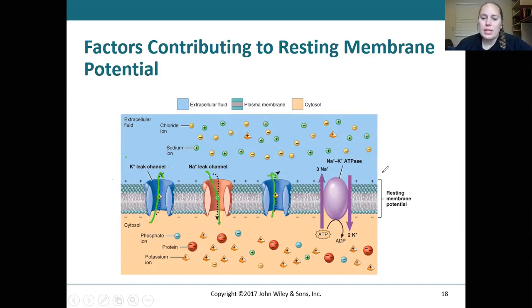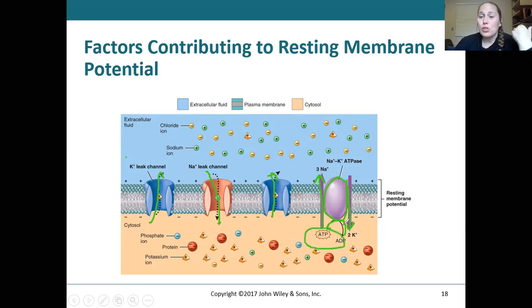And then as I was explaining the sodium potassium pump, in that case, you have the cell using energy to move sodium outside the cell and potassium inside of the cell. If we remember from chapter 1 or 2, whichever chapter it was, when we were talking about active transport, it is active because it requires energy.